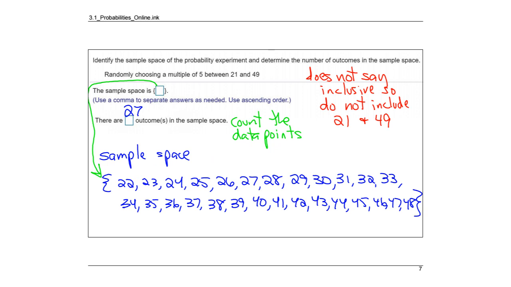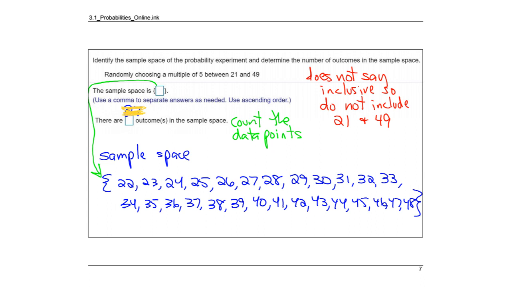All right, so this one, I have to be careful because it doesn't say the word inclusive. It says randomly choosing a multiple of 5 between 21 and 49. Oh, we did this problem wrong. It's a multiple of 5. Wow, I did every single number. Okay, so it doesn't say inclusive, so I'm not going to include 21 and 49, but this is not correct.